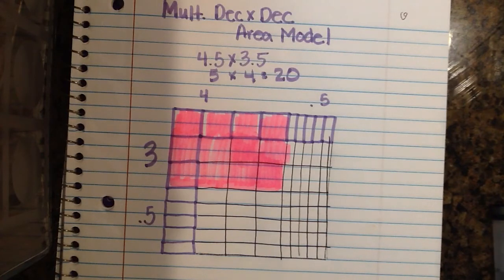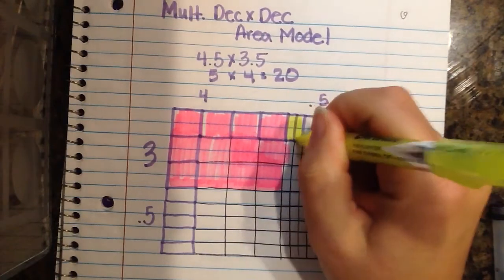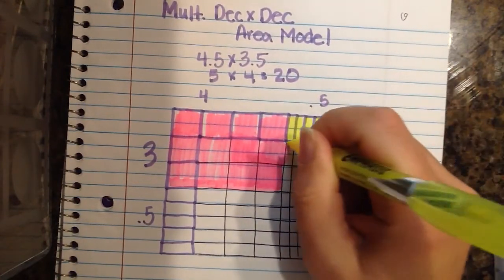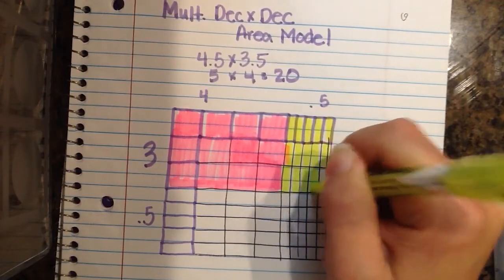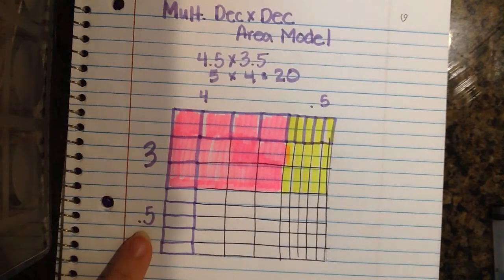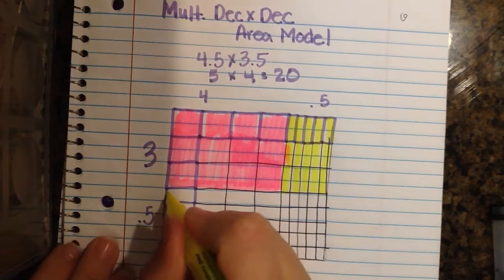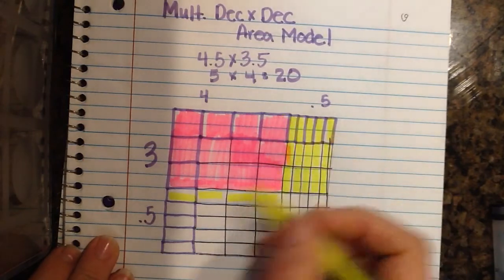Now I'm going to go over here and I have some tenths that are stood up vertically. Remember, I had 5 tenths, a second row of 5 tenths, and a third row of 5 tenths. But remember, over here I had tenths laying down horizontally. 1, 2, 3, 4. Remember, I had 4 of them.